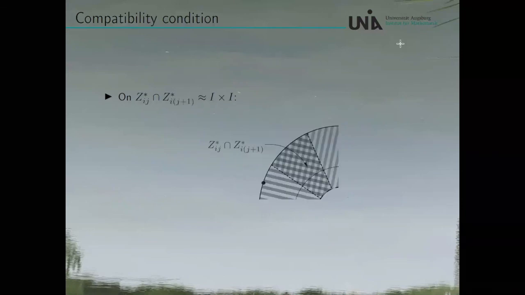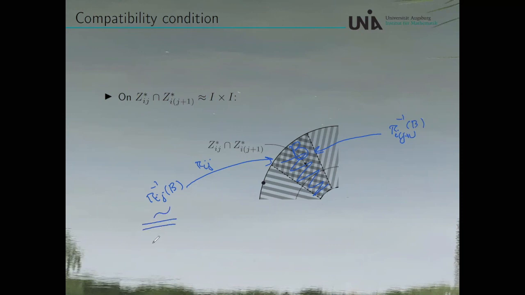And then those neighborhoods around fixed points here. So if we call it B, then we have pi ij inverse of B, and here I have pi ij plus 1 inverse of B. Again, one could show that they're equivariantly diffeomorphic to cone over S1 times S1 times an interval, and this is the same.